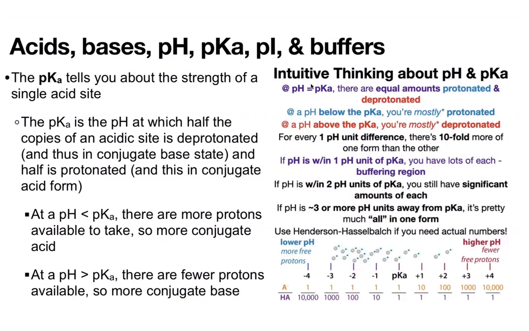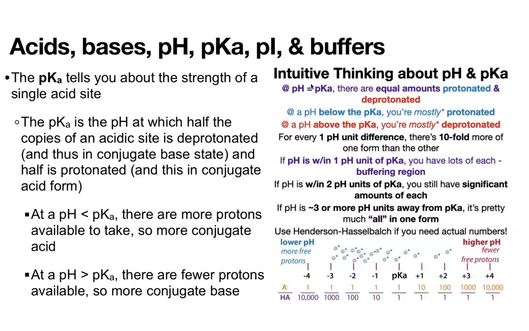Similarly, if we go 1 pH unit away from our pKa, if we go 1 higher, we're going to have 10-fold more of our conjugate base. And if we go 1 pH unit lower, we're going to have 10-fold more of our conjugate acid. If you go 2 away, well, now you've got a 100-fold difference, 3 away, a 1,000-fold difference. And basically, you can think of that as almost all being in that one form.